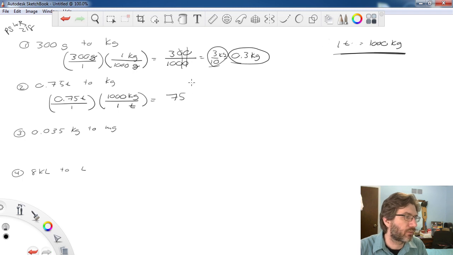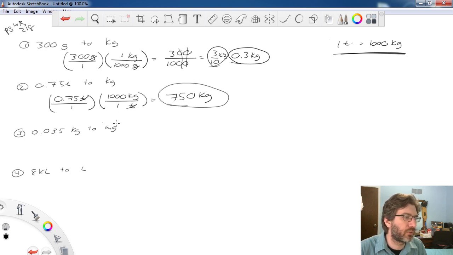That's 750 kilograms. And then your tons are going to cancel, and you're going to be left with 1 on the denominator here, but we don't write it. We can simplify that. So that would be your answer.